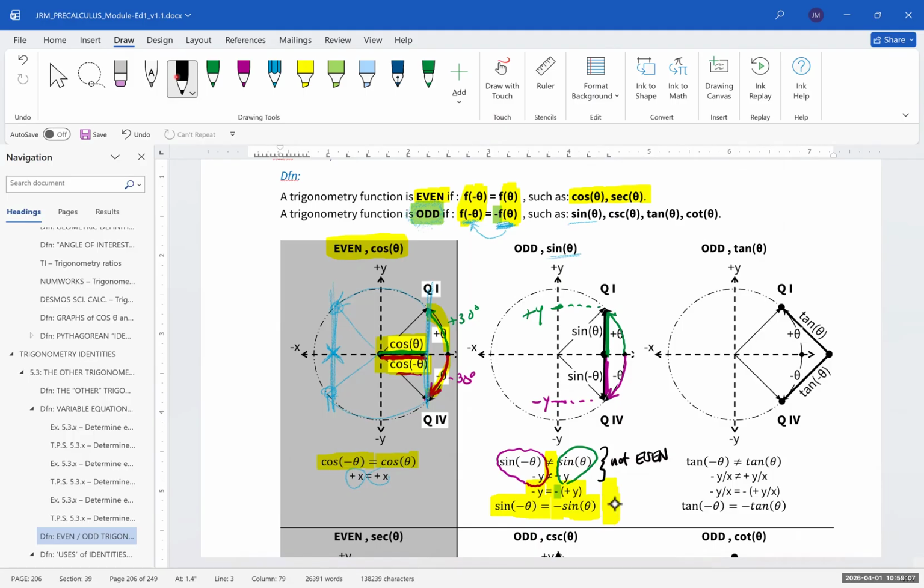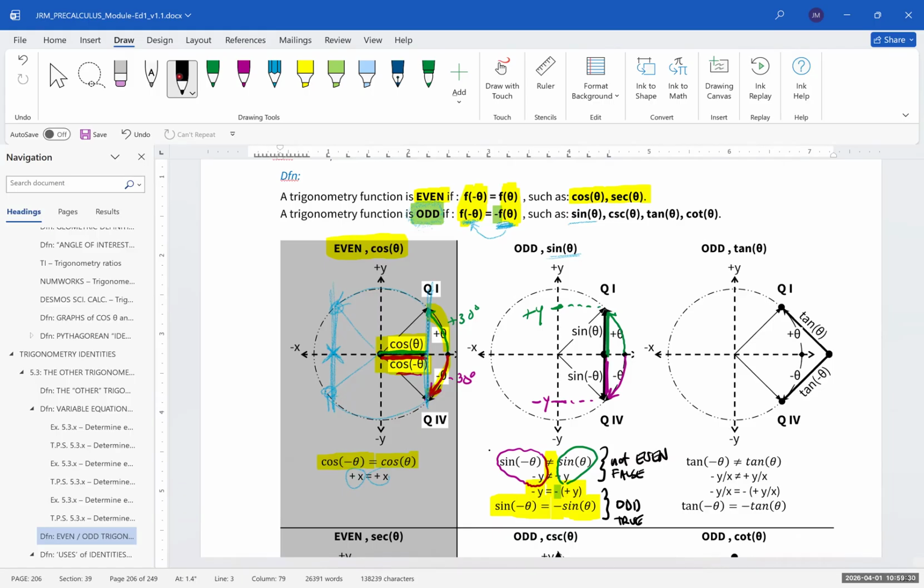Sorry, my computer isn't keeping up. That's what makes this an odd function, that this property is true. This property up here ended up being false.